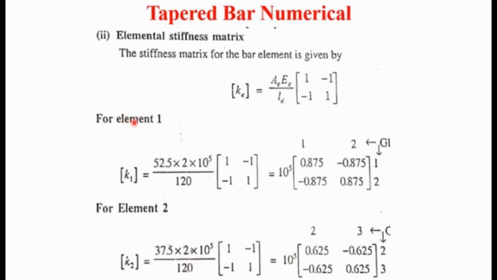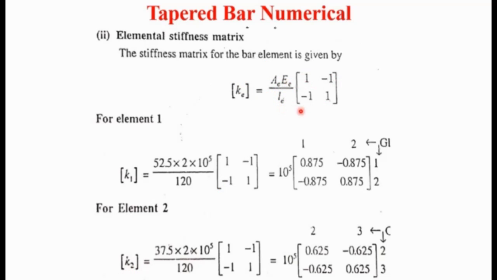For the first element, K1 is equal to A1 E1 divided by L1 into [1, -1; -1, 1]. Similarly for the second element, K2 is equal to A2 E2 divided by L2 into [1, -1; -1, 1]. The area of the first element A1 is calculated, E1 is given, L1 is given, and A2, E2 and L2 are also known.